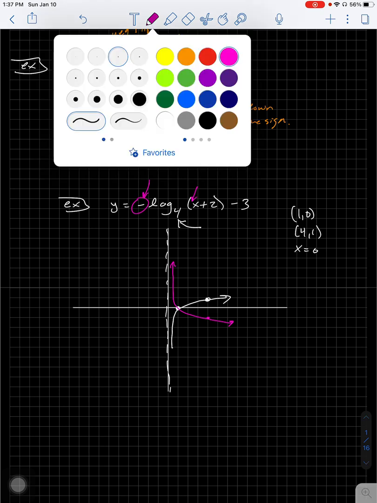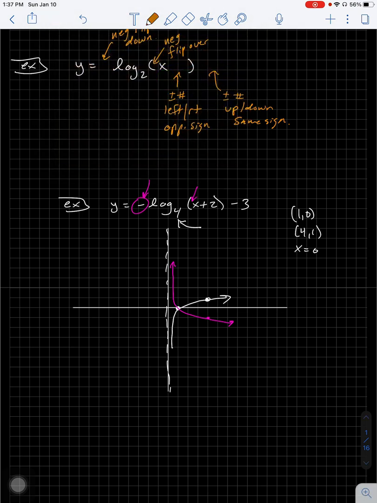Okay, so that's flipped, and then we're going to take a look at our shifts. This is a number in with the x, so that's going to be right and left, opposite the signs. So because that's a plus 2, we're going to go left 2. And this number tacked on the end, and it can be on the front as well, is a negative 3, so we're going to go down 3.